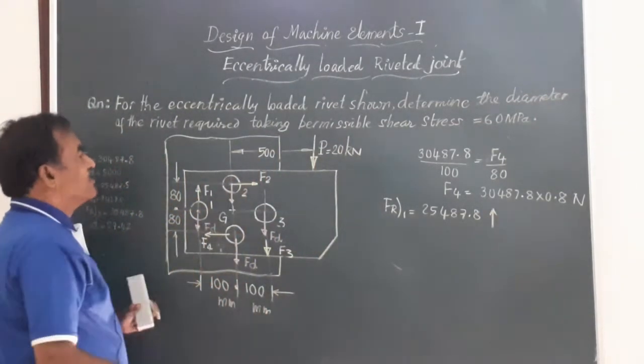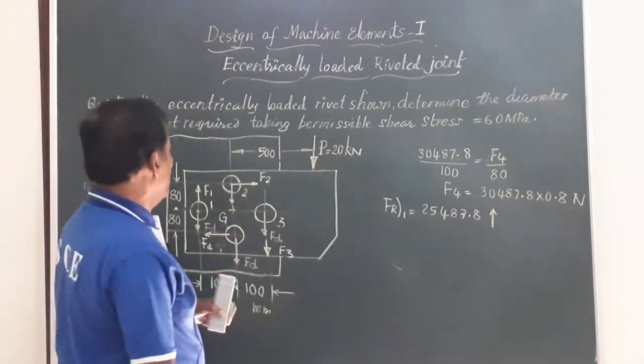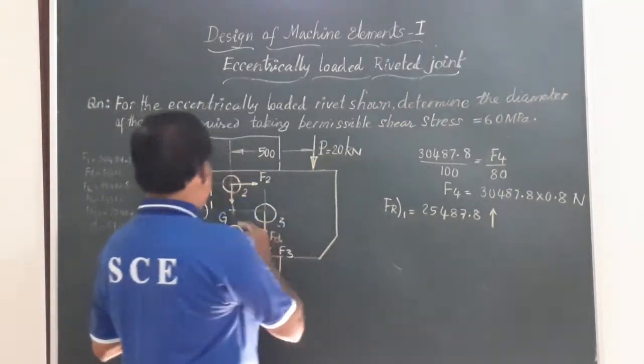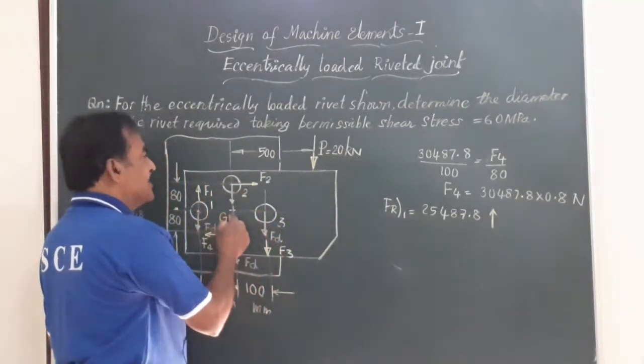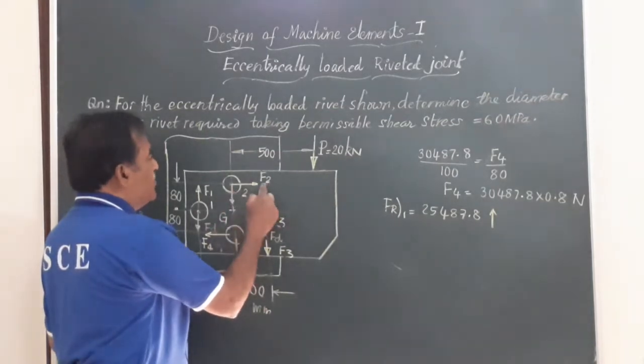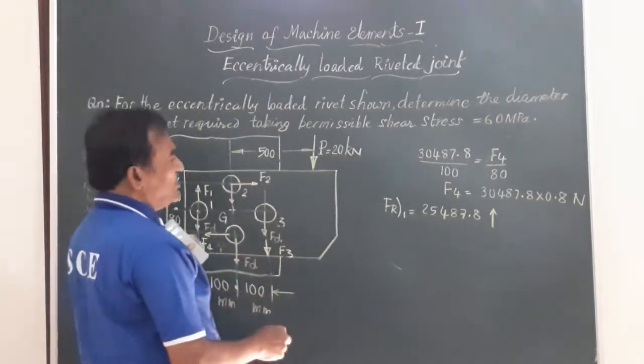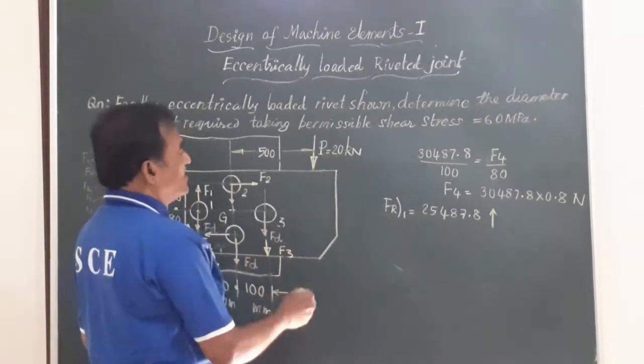Then coming to rivet number 2, we have a direct load acting downward, that is 5000, and F2 is acting in the horizontal direction. F2 and F4 are the same.